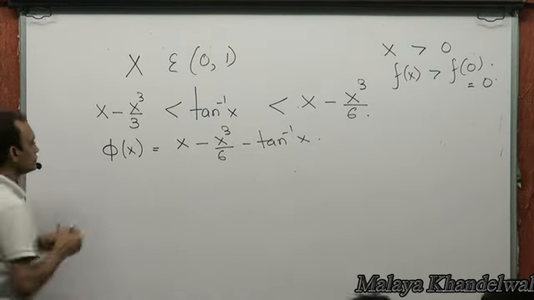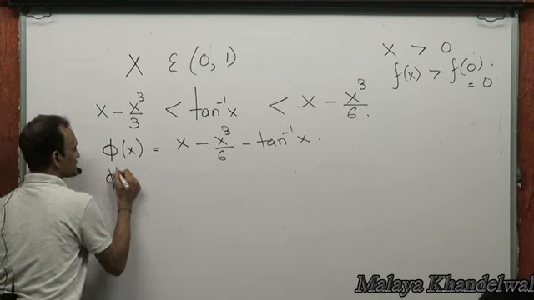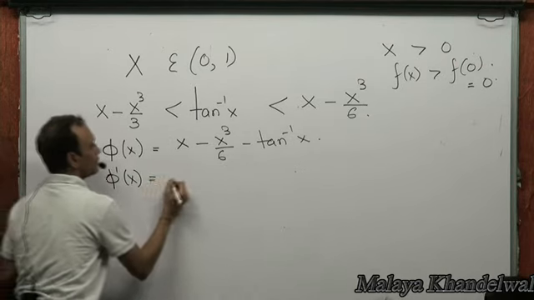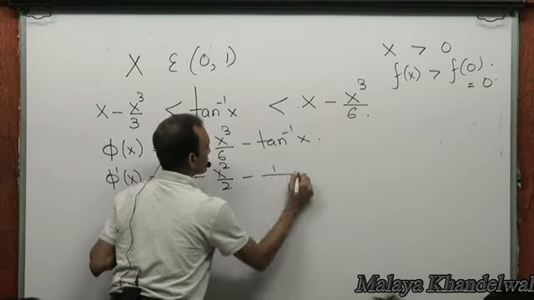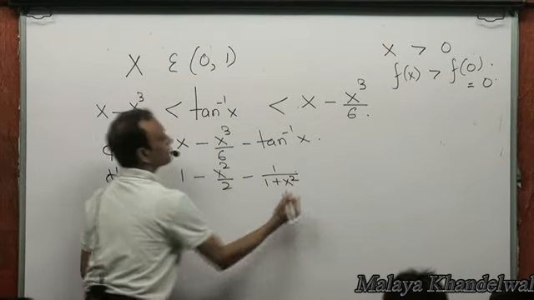Right? Phi dashed x is 1 minus x squared by 2 minus 1 by 1 plus x squared.